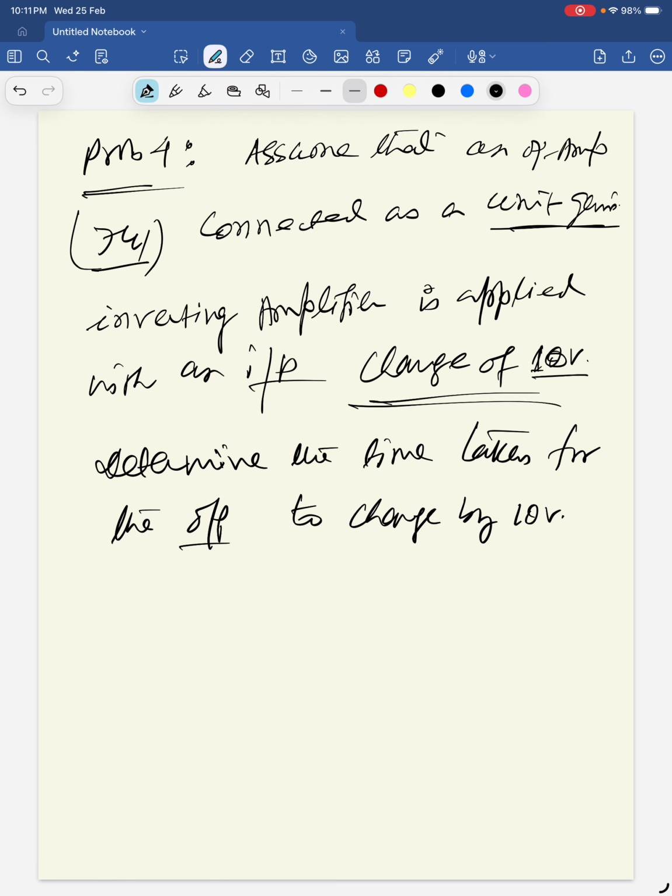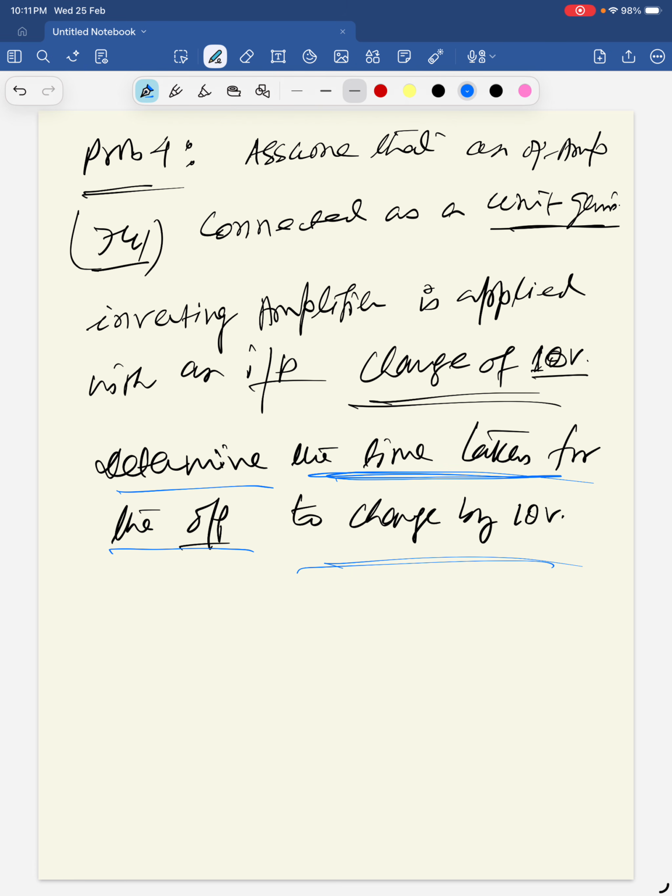So we have to find out the time taken to change 10 volt at the output.